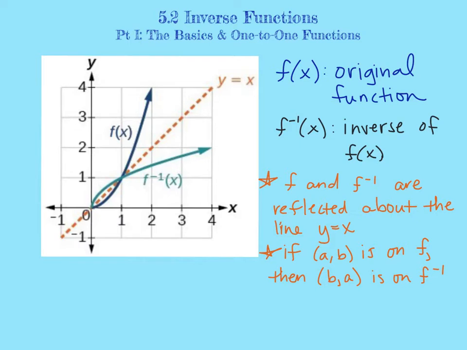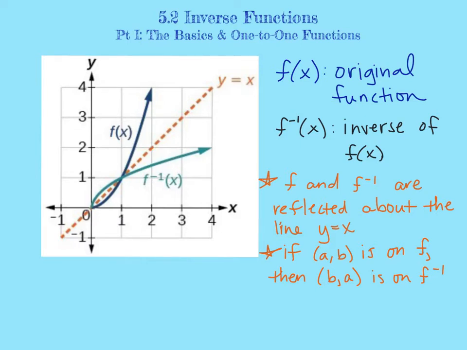And a couple cool things about this are f and f inverse are actually reflected about the line y equals x, or you could say reflected over the line y equals x. In fact, any function and its inverse are reflected about the line y equals x, which is really cool.